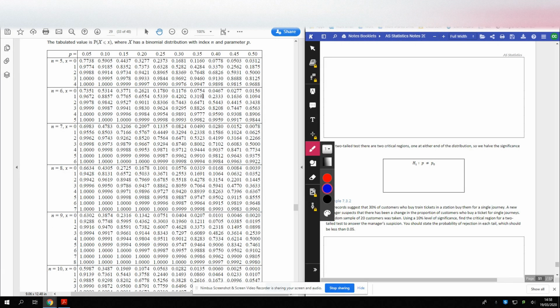And I want to look up the top tail, remembering that I'm looking for probabilities where it is greater than or equal to, and therefore it's going to be one more than the number that I'm using here.